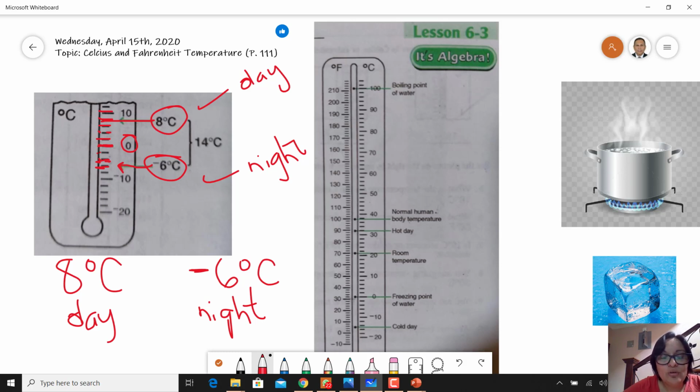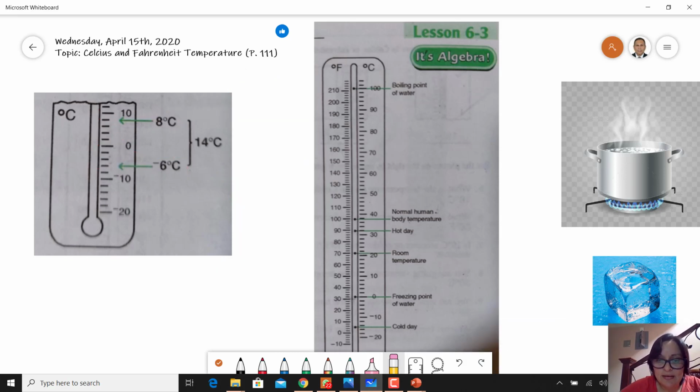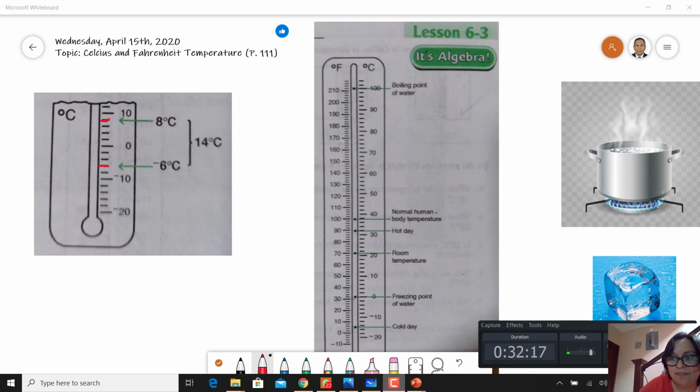What we are going to do is count how many degrees we have from 8 Celsius degrees to minus 6 Celsius degrees. So let me erase. In here we have 8 degrees, and in here we have minus 6 degrees. So let's see what is the difference between them.